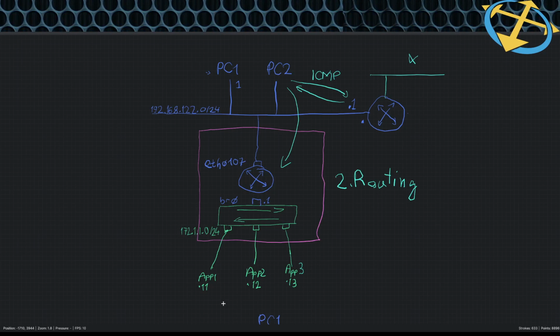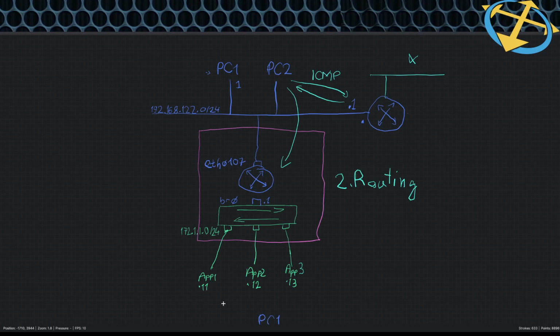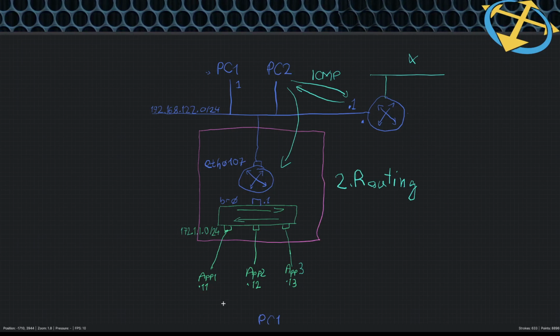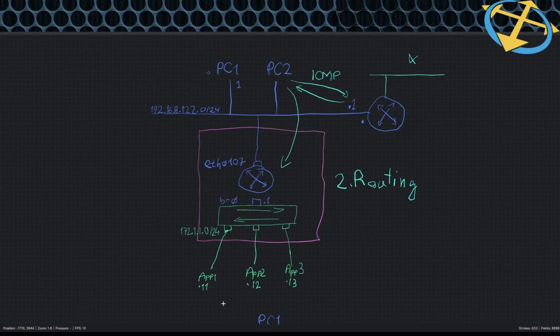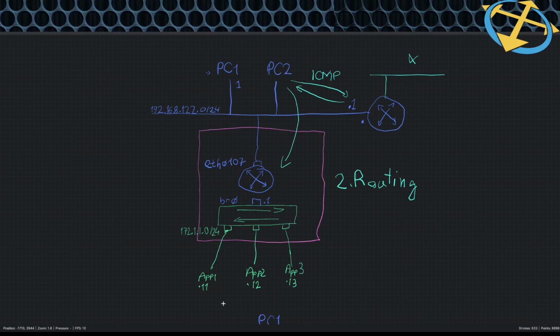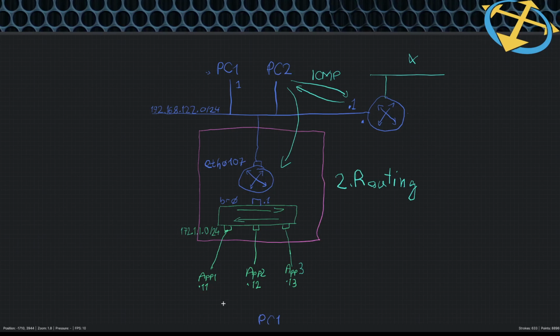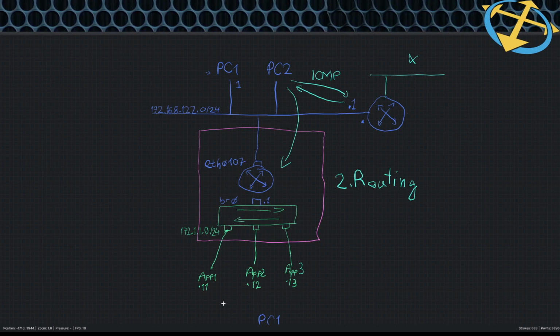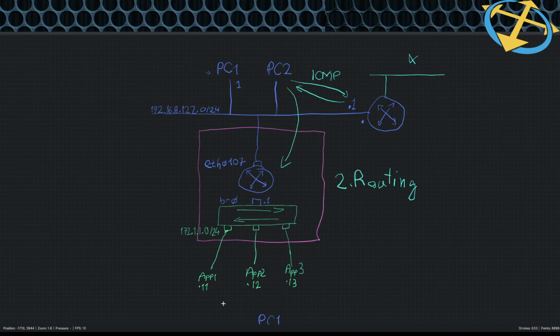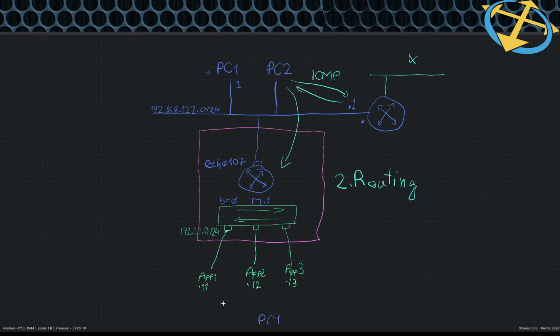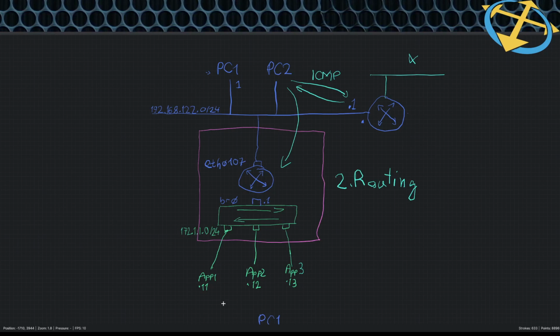So I hope it's clear what we are going to do. Another thing, right now EMP6S0, the physical interface, has an IP from this class. Let me put it here just to have a complete picture.